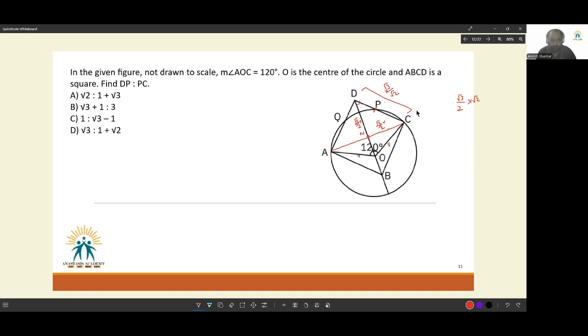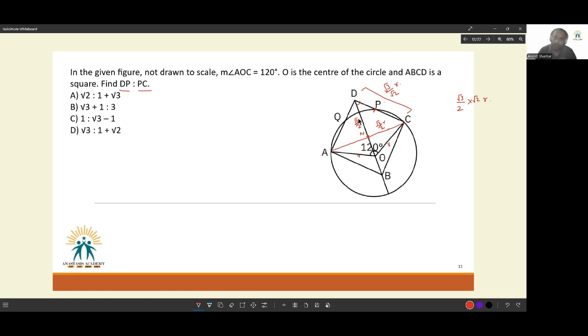Okay. Finally, I need the ratio of DP is to PC. DP is to PC. Okay. How can I get that? Right now, I'm thinking maybe to this point, D to this point, and then this full length. Again, this is root 3R, this is root 3R. Everything is in terms of R only.